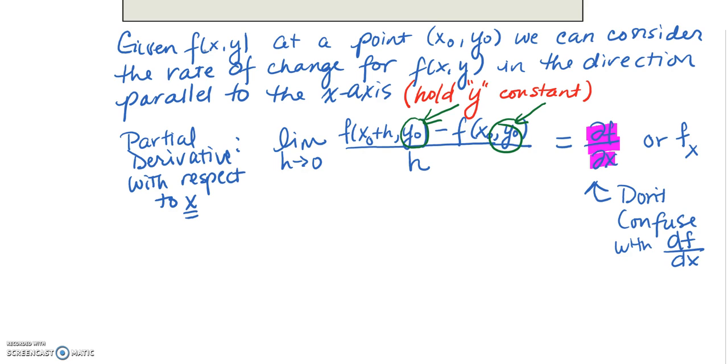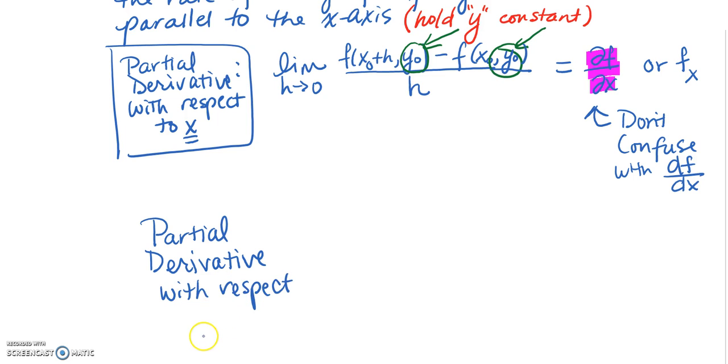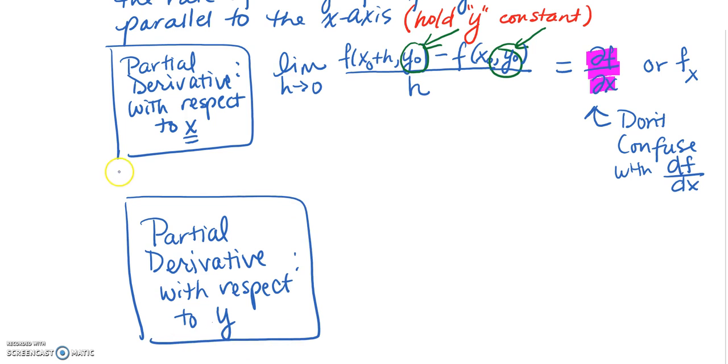Now there's similar limit notation for the partial derivative with respect to y. Instead of allowing variation parallel to the x-axis, we're allowing variation parallel to the y-axis.